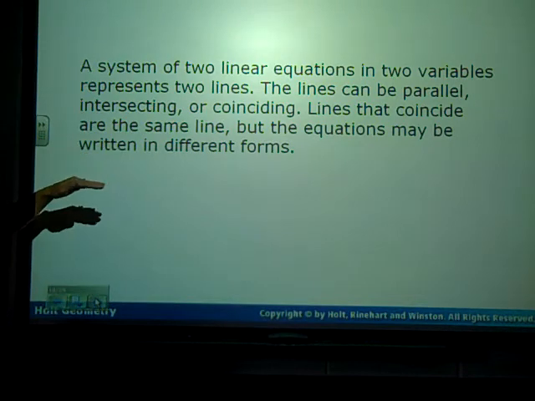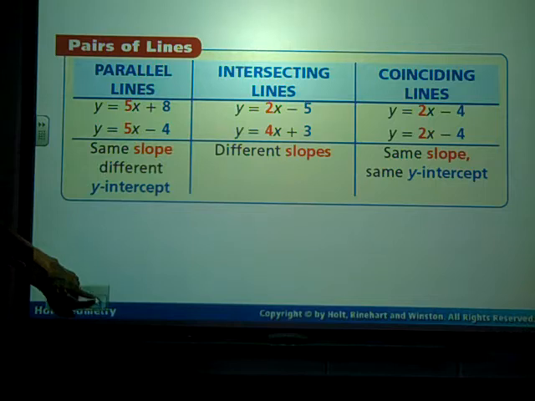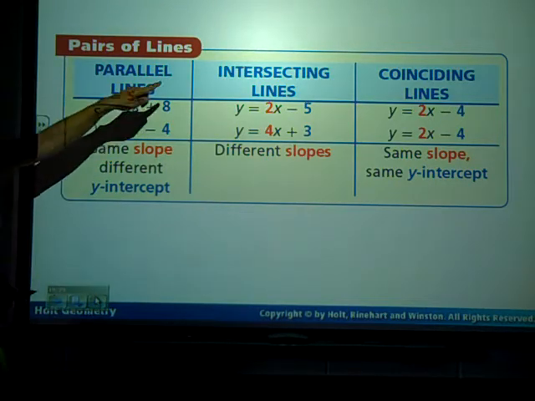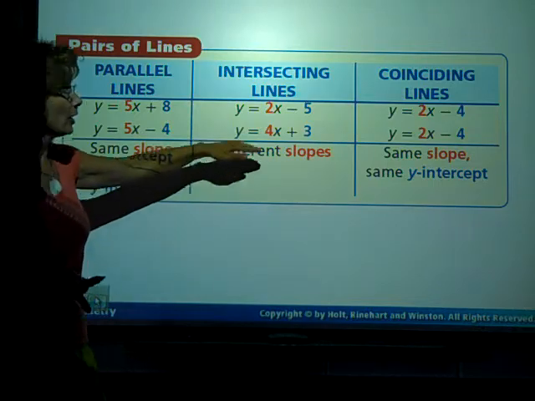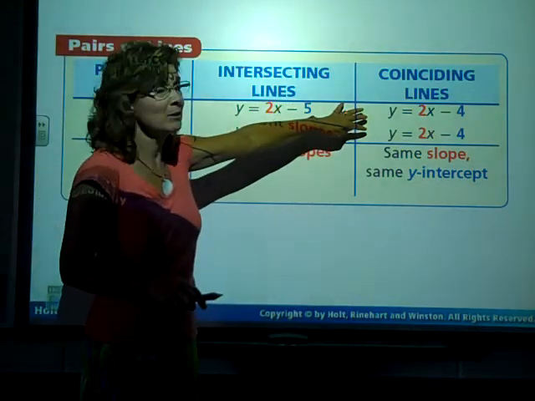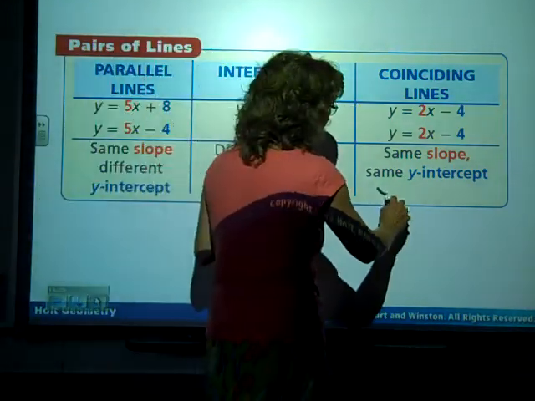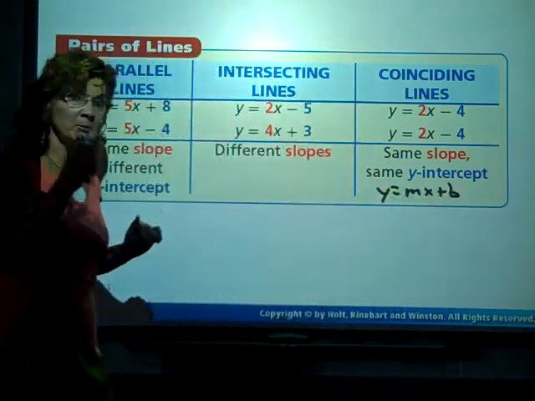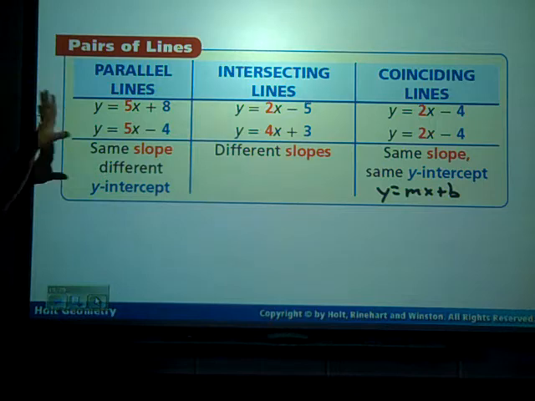That means they're the same line. So parallel lines, same slope, different y-intercept; intersecting, different slopes; coinciding, when you get them in y equals mx plus b slope-intercept form, they're the same equation. This needs to be in your notes.